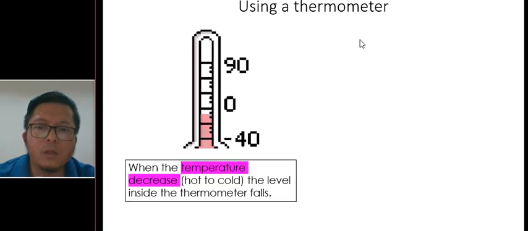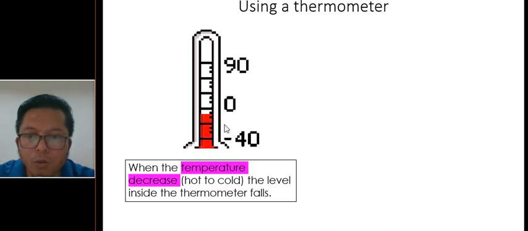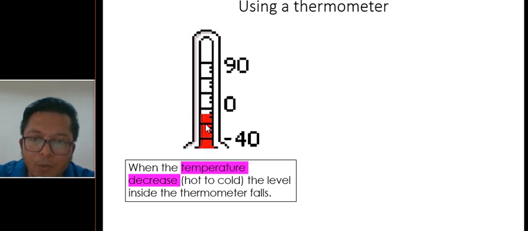Now, next, using a thermometer. How to use a thermometer? When the temperature decreases from hot to cold, the level inside the thermometer falls. When it becomes cold, the inside falls down, not up, down.